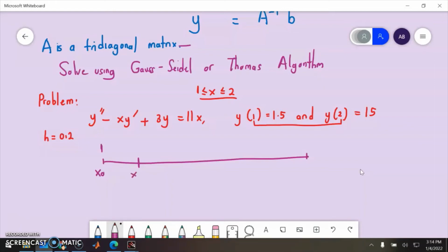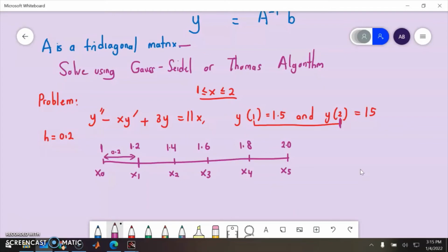X1 will be 1 plus 0.2, so it's 1.2, because the step length is 0.2. To find x2, 1.2 plus 0.2 is 1.4. To find x3, we have 1.6, and x4 is 1.8, and lastly x5, which is 2.0.